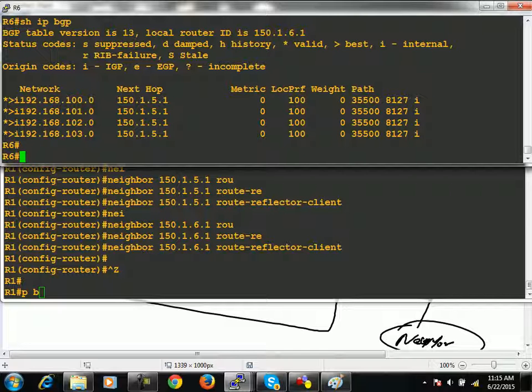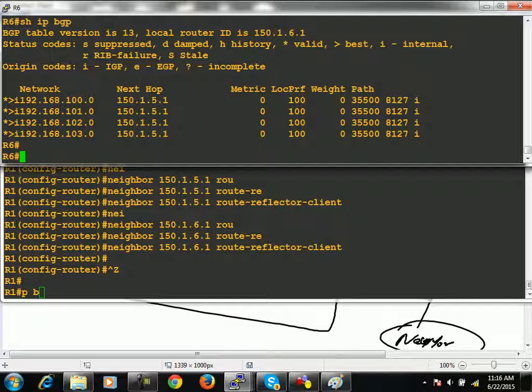Because IBGP, hello, that's another rule of IBGP: whenever a BGP router advertises any prefix towards IBGP, it will never update its next hop address. And this time the next-hop-self command cannot be configured on R1. Even it is not required. And this is good for us actually, that it didn't modify its next hop address.